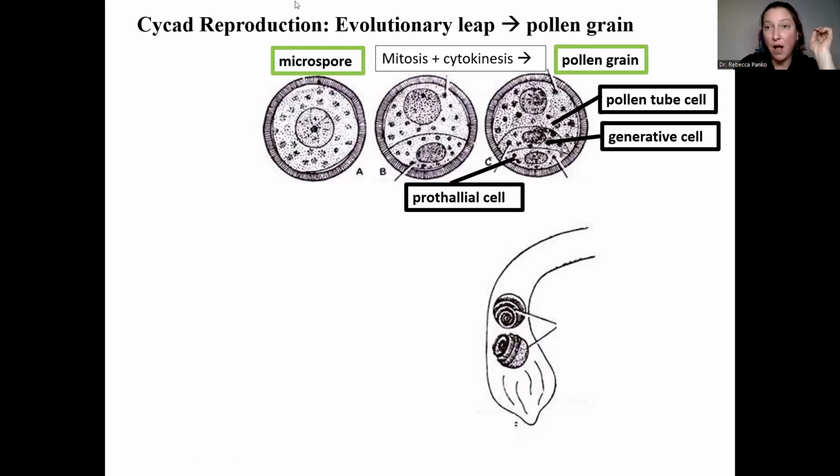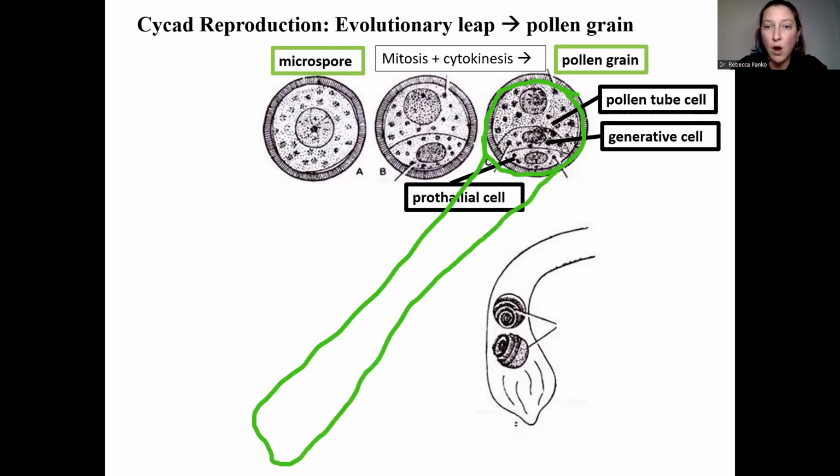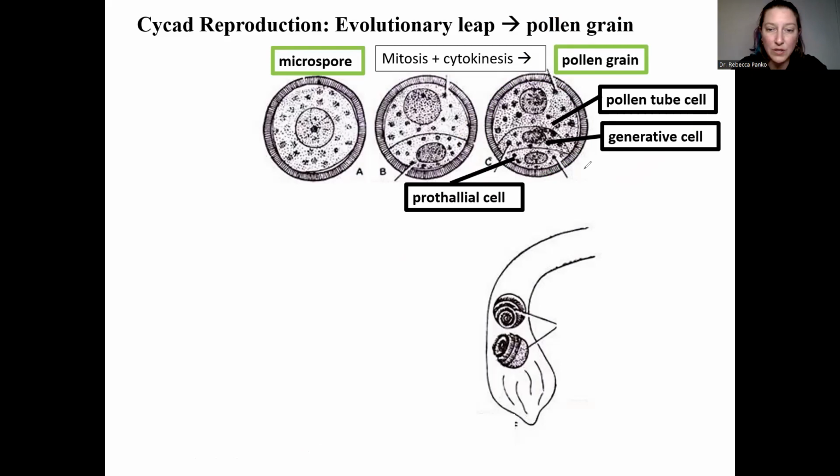So eventually this pollen grain, this whole thing, is going to get released from the microsporangia and land on an ovule. And when that happens, this pollen tube cell, which remember I said is the whole outside, is going to elongate and grow down to meet the ovule and allow the sperm to swim.